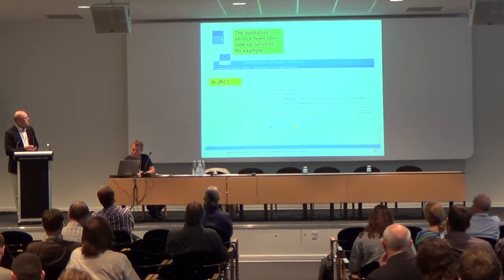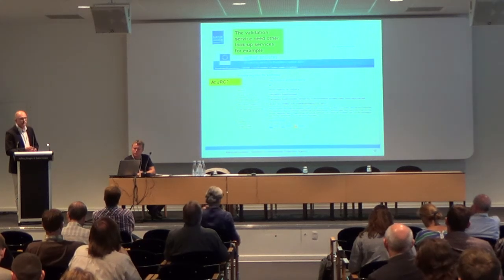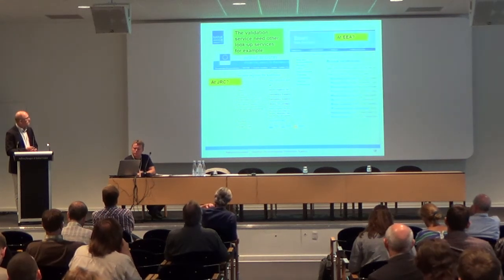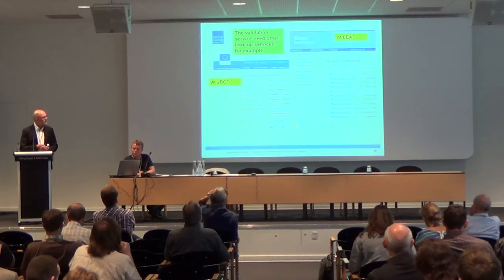There was a little map. I'll come back to that. This is the registry that is set up for INSPIRE code lists and codes. This is the one that the EEA has had for about 10 years.